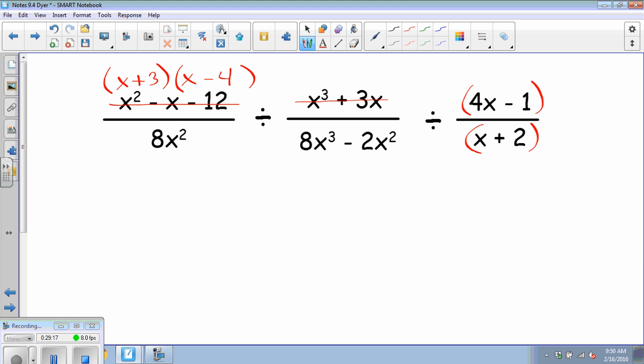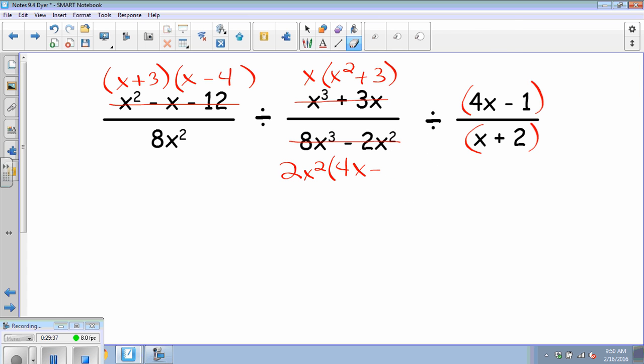This I can factor greatest common factor out. So I'm left with x squared plus 3. This I can factor out my greatest common factor, which is 2x squared. And that leaves me with 4x minus 2. No, sorry, minus 1. And I can't factor these, right?